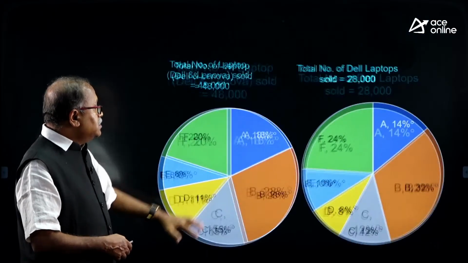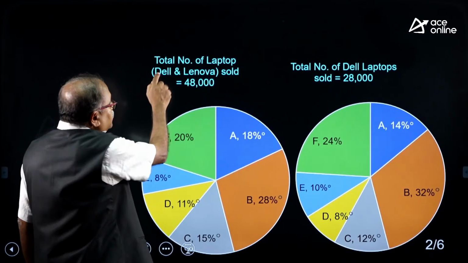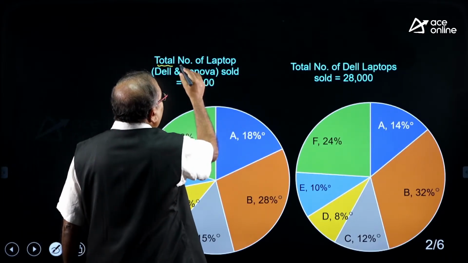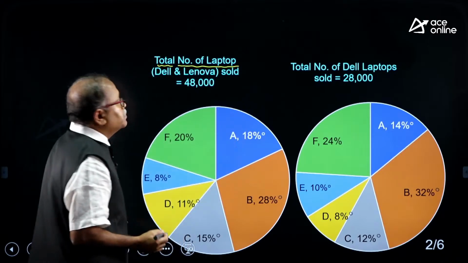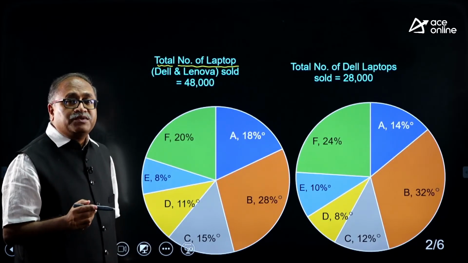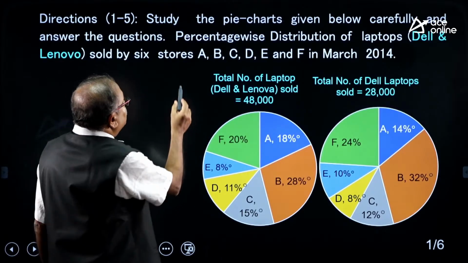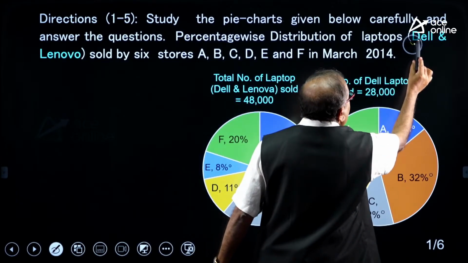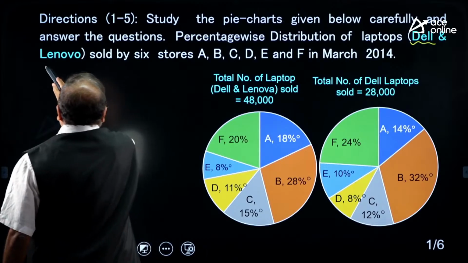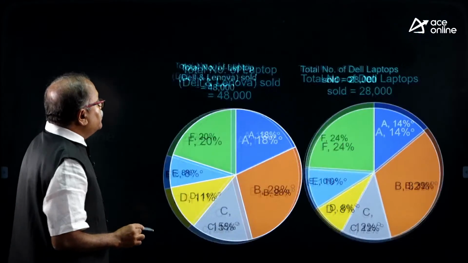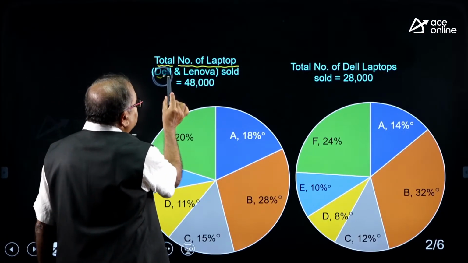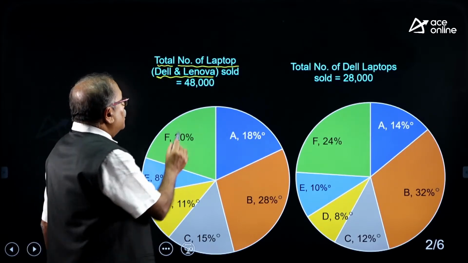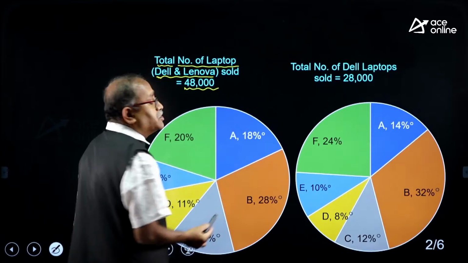So, what is this part here? Here it says the total number of laptops. Previously we have seen that there are 2 companies mentioned, one is Dell and the other one is Lenovo. So, the first one includes the total of these 2, Dell and Lenovo, and how much is sold, that is 48,000.